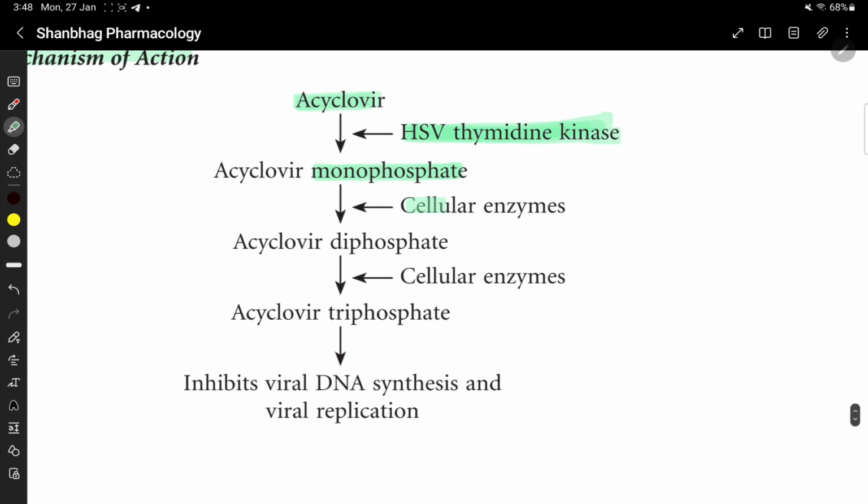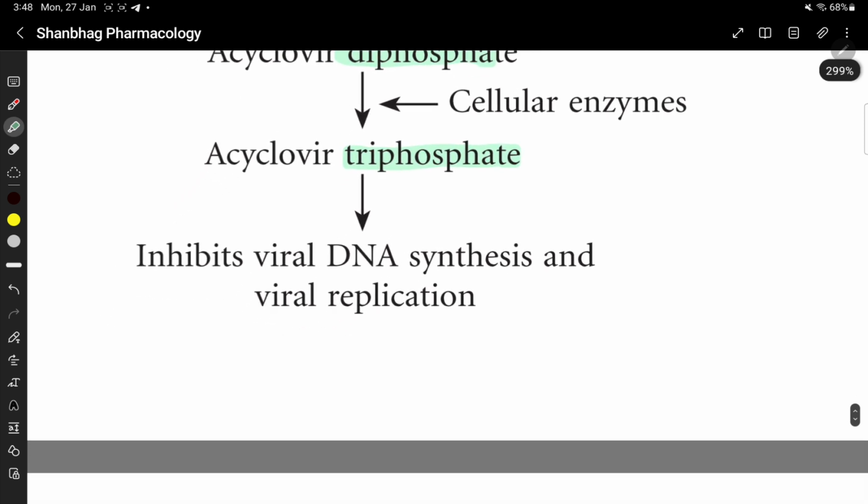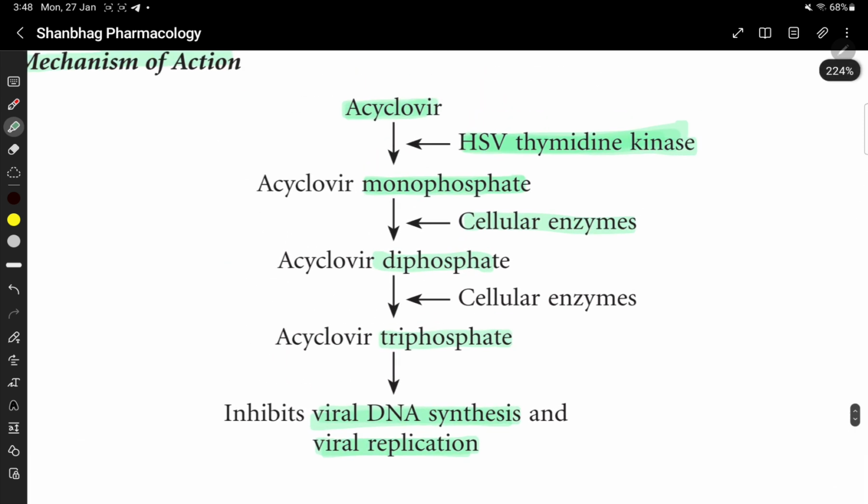Then cellular enzymes convert acyclovir monophosphate to acyclovir diphosphate, and then to acyclovir triphosphate, which inhibits viral DNA synthesis and viral replication.